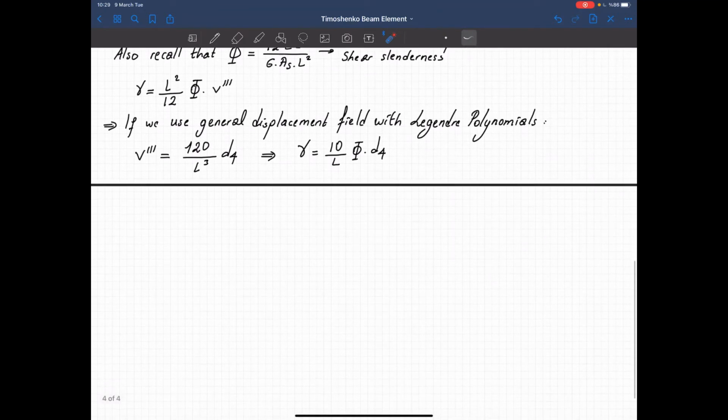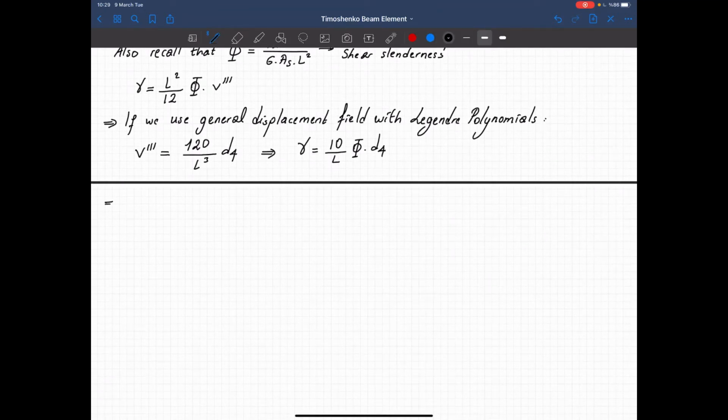All right, so let's continue. Now recall that for the Euler beam, Bernoulli Euler beam, the rotation is defined as follows.